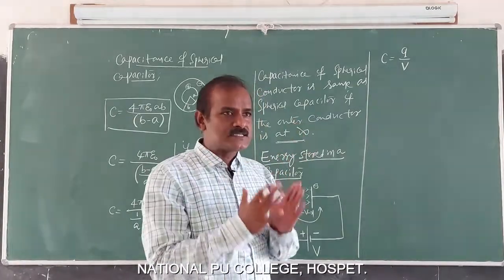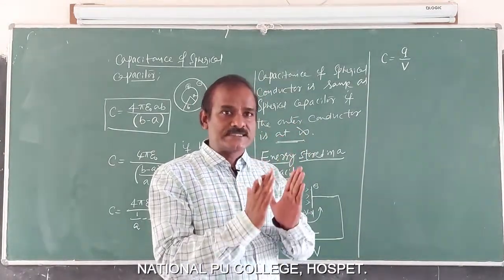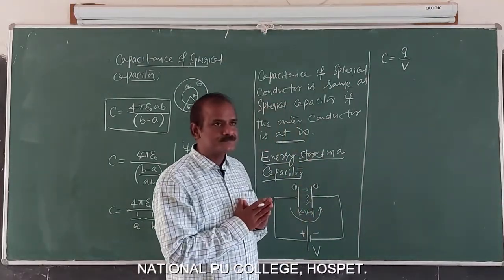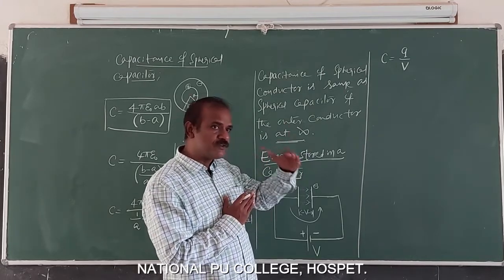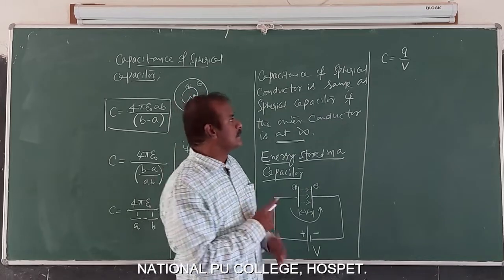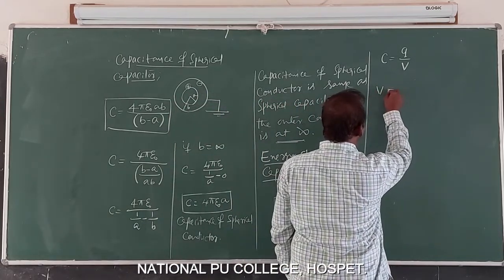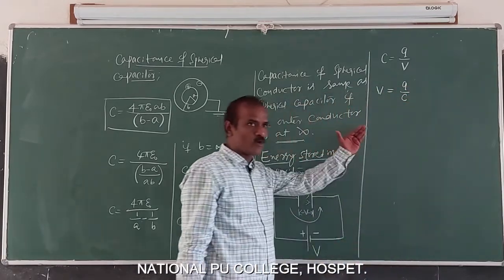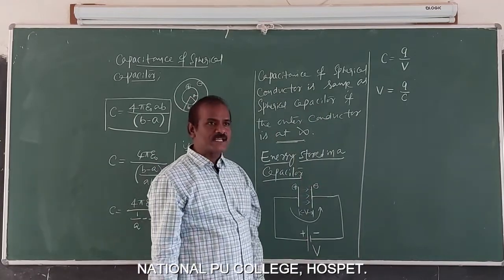Because a capacitor having a certain capacitance has a certain charge on it, due to which potential is raised, potential difference is established. Hence this is also written as V is equal to Q by C, the potential difference, because this is important. Potential difference is established between the plates of the capacitor.